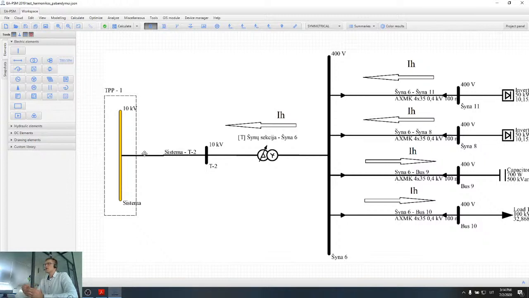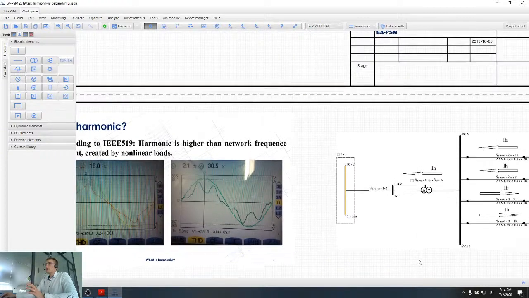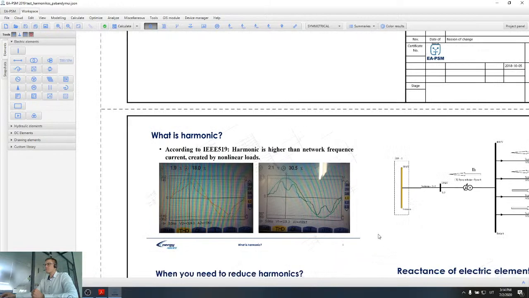So basically current harmonics injected into the network from the inverters generate voltage harmonics, and those voltage harmonics can also be measured and called voltage harmonics as a separate part. So in an electrical network we have current and voltage harmonics. Nonlinear loads most commonly generate current harmonics, but when those current harmonics flow through the network, they generate voltage harmonics as well.